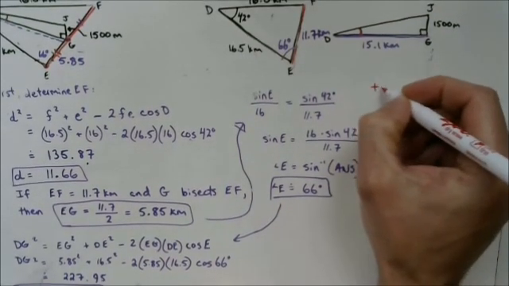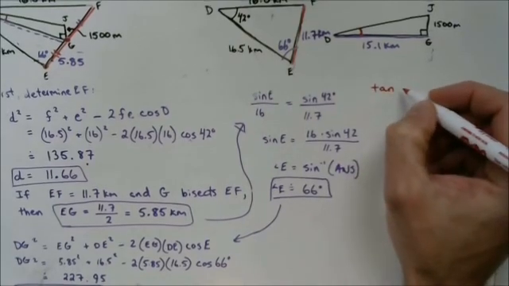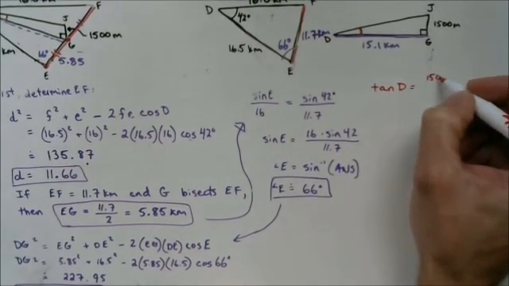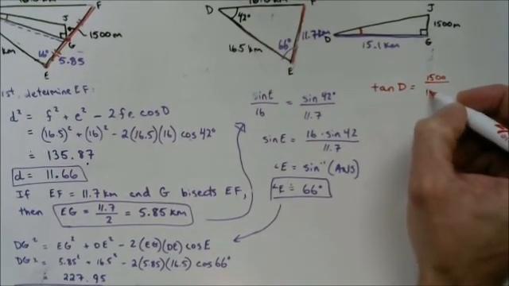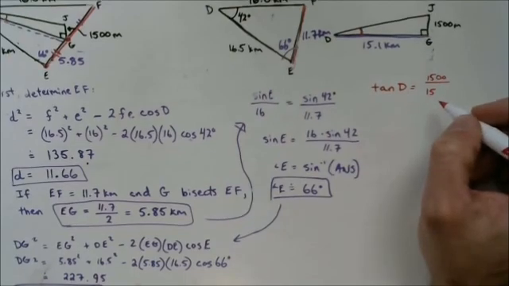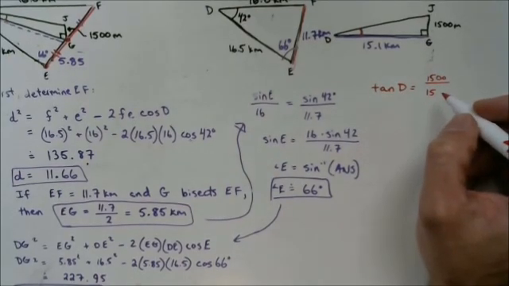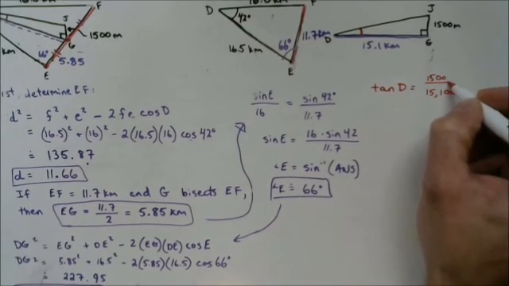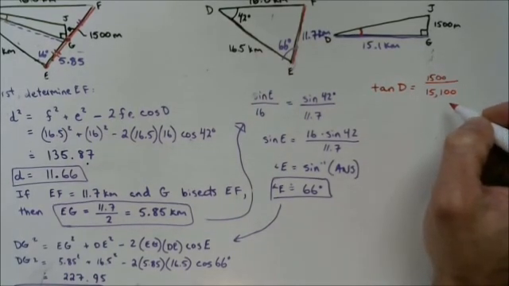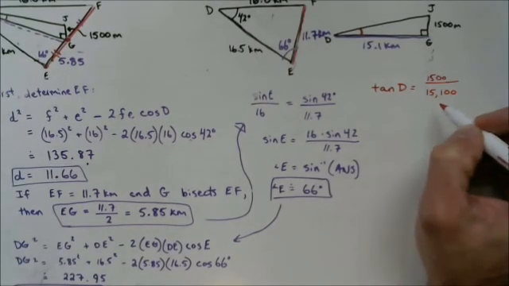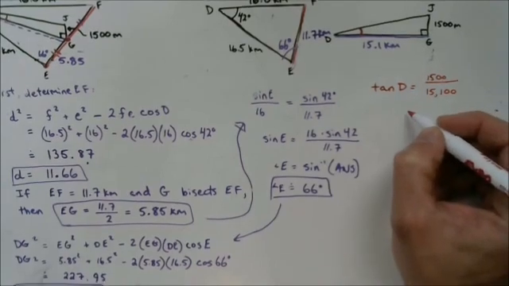So again, we're looking at the tangent of angle D is 1500 over 15, that's not going to make any sense, is it? 15.1 kilometers converts into 15,100 meters. So you have to convert both to meters, or I could convert both to kilometers and make the numerator 1.5 over 15.1. Doesn't matter which way you do it.